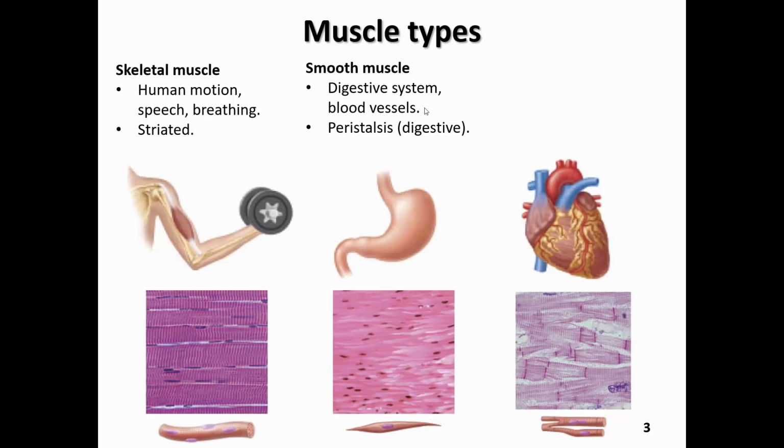In the digestive system, it generates peristalsis, which is the forward movement of food. In this drawing you see the stomach, and when the stomach smooth muscle contracts, it pushes food forward. Smooth muscle is located throughout the entirety of the digestive system.